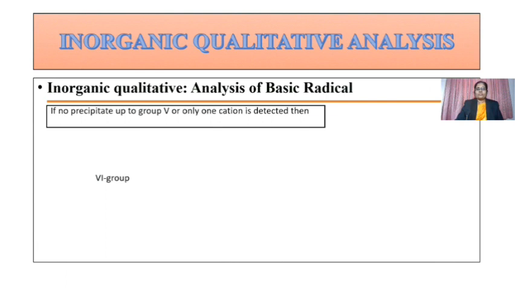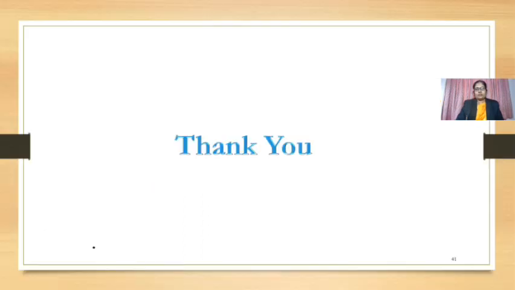If there is no precipitate up to group 5 or only one cation is detected, then sixth group is present. The radicals present in the sixth group are Na+ and K+. So this is all about the detection of basic radicals. Thank you for watching this video completely.